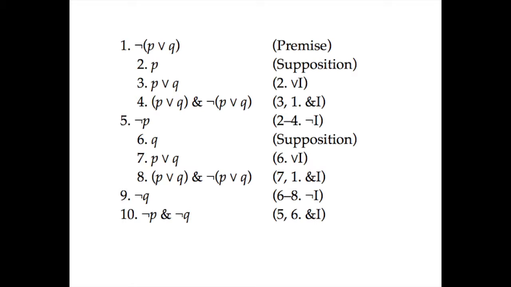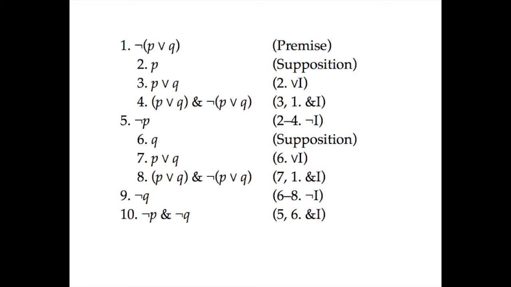So on line 4, I write down the contradiction. P or Q and not P or Q. That comes from line 3 and from line 1. That's my and introduction rule. And that's a contradiction. So my supposition is false. Line 5 says not P. And that comes from lines 2 through 4 from my not introduction rule.